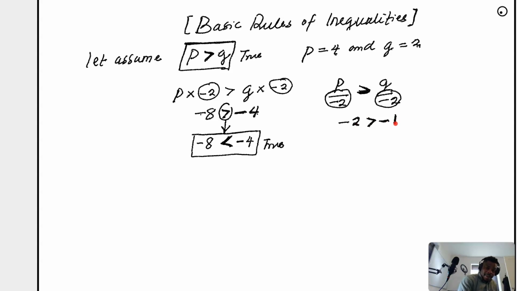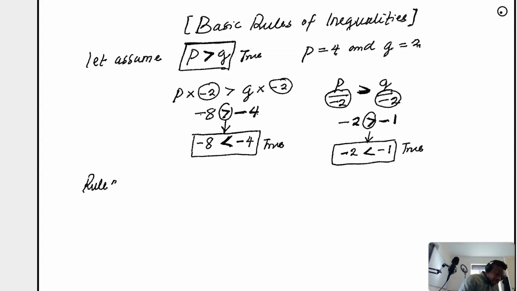And -2 is not greater than -1 because -1 is greater than -2. So in this case, this statement is false. But for this statement to be true, we have to change the sign to less than. So -2 will be less than -1, which is true. So here, when you divide both sides of an inequality by a negative value, you have to change the sign. The sign here says greater, now you have to change it to less than.